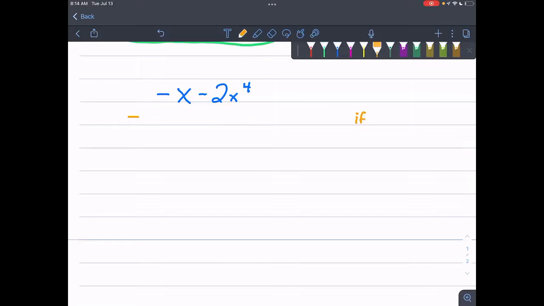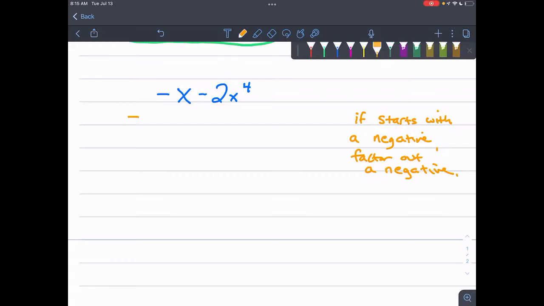If it starts with a negative, factor out a negative. In some cases that won't matter, but we'll get down the road with some trinomials where it will matter that you take out the negative.